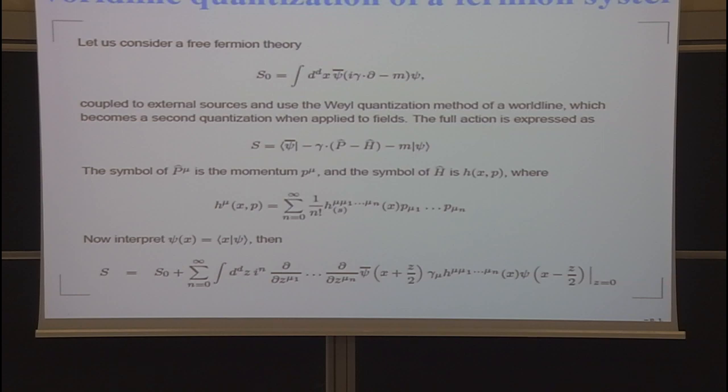Sorry, is it allowed to ask a question? Okay. I have two questions. So you are using this method to generate an action for the higher spin field. Yes. So this is one way of constructing a gauge invariant action. Is it the most general, in the sense that if you just want to construct the most general action in terms of derivative expansion, does this cover all these terms?